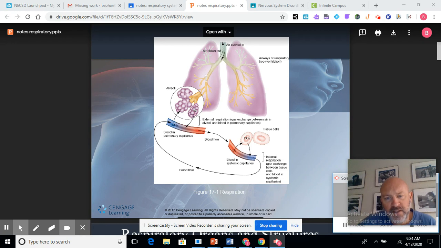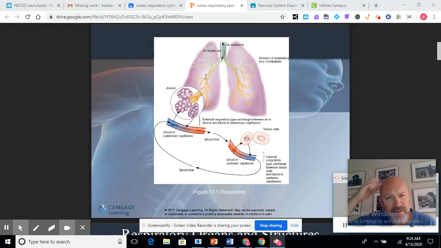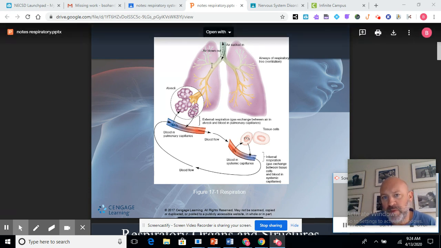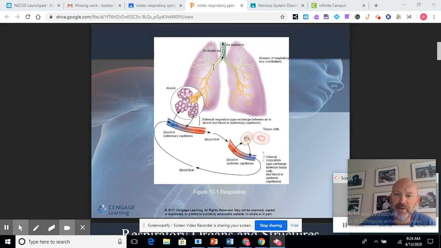And then inside the lungs, you can see the bronchi divide many, many times into these smaller tubules called the bronchioles. We go from a right bronchus and left bronchus into a primary bronchiole, secondary bronchiole, tertiary bronchioles, but then eventually we hit terminal bronchioles, and we're going to hit a dead end.